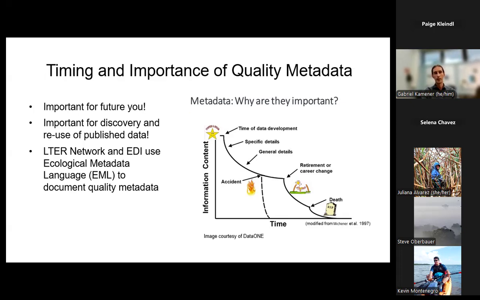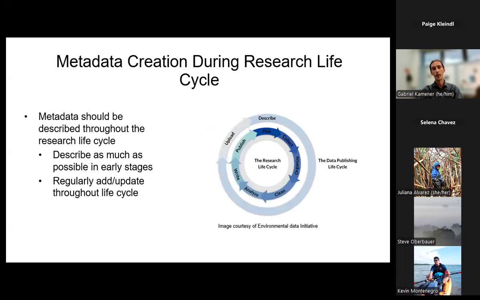And those metadata are not only relevant at the beginning of your data set, but throughout the life cycle of your data set. Especially if it's an ongoing data set, you'll be continuing to add or update metadata over time. So it's a continuous cycle in a lot of cases. And so it's really important to get a strategy set up initially and then keep building on it over time.